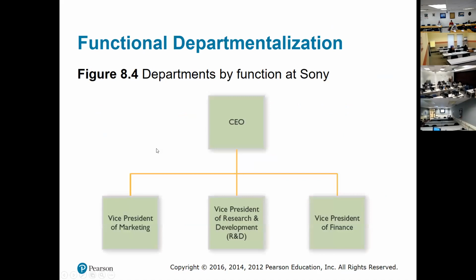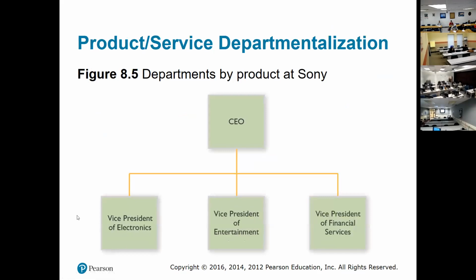CEO, Chief Executive Officer, at the top, and then we have three vice presidents, each one doing a particular function: one for marketing, one for research and development, and one for finance. That's a very common type of organization chart. But if Sony were to organize by department, we've got a VP of electronics, one for entertainment, and one for financial services, each reporting to the CEO.